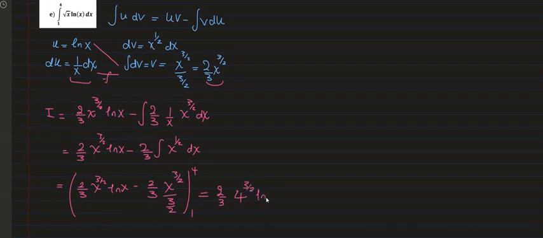And then ln 4 minus again 2 over 3, the 4 instead of the x, to the power 3 over 2 over the 3 over 2. All of this is the expression, and substituting the x by 4. And then we subtract with substituting the x by 1.